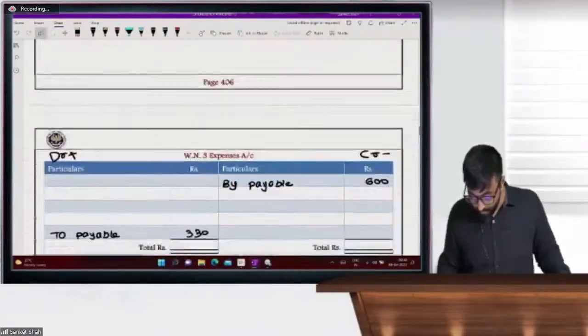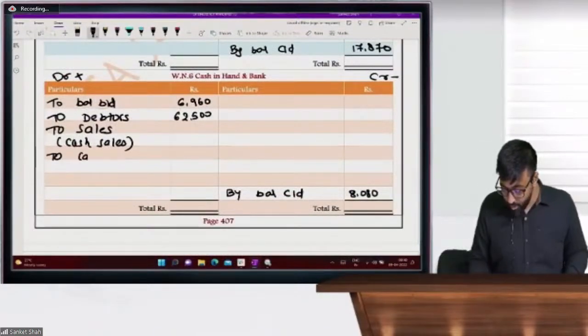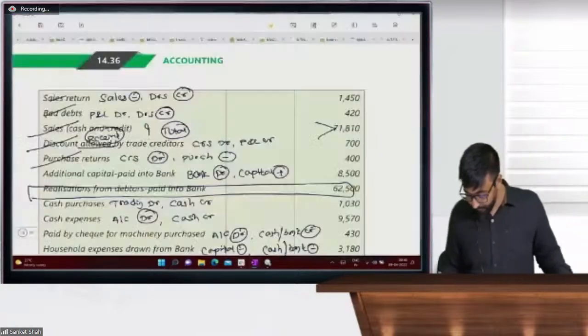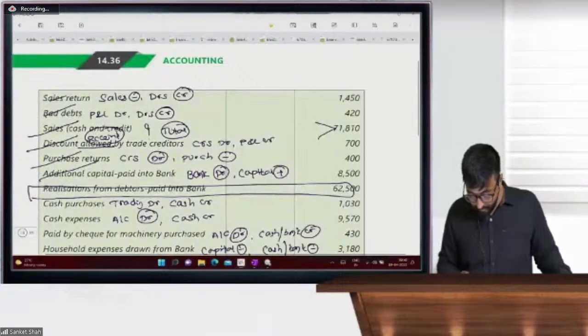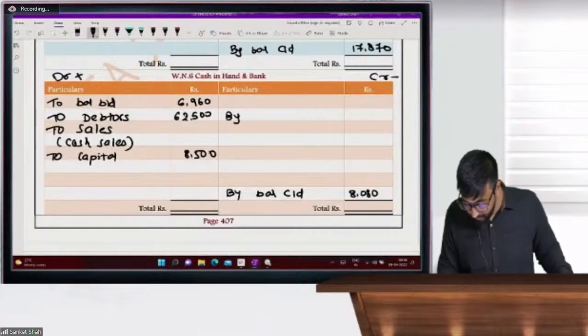Second effect, which account? Bank account, debit side, to capital 8,500.